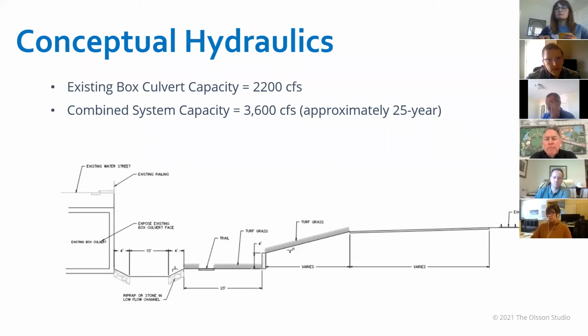The existing box culvert conveys 2,200 CFS, which is similar to what we saw in that first exhibit that it was spitting out. That was probably a little bit less than its full capacity. And then the combined system, we're hoping to not quite double the capacity, but 3,600 CFS would be the proposed capacity with both the channel and the box culvert if and where it might remain.